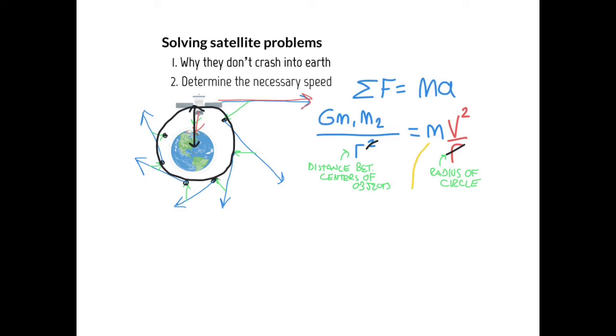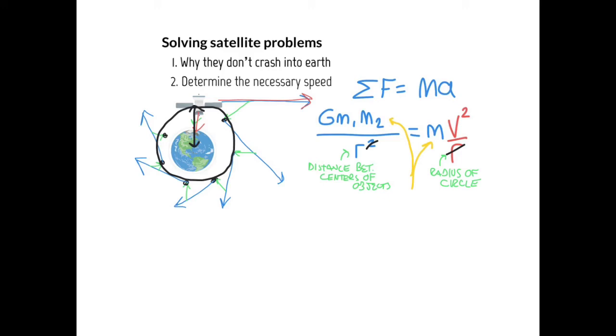Notice that we have a mass here on the left, and we have two masses here on the right. One of these will cancel. It just depends what mass we're talking about. We have the satellite, and we also have the Earth. Well, on the right-hand side, this is m times v squared over r. So that v squared over r means that object is traveling in a circle.